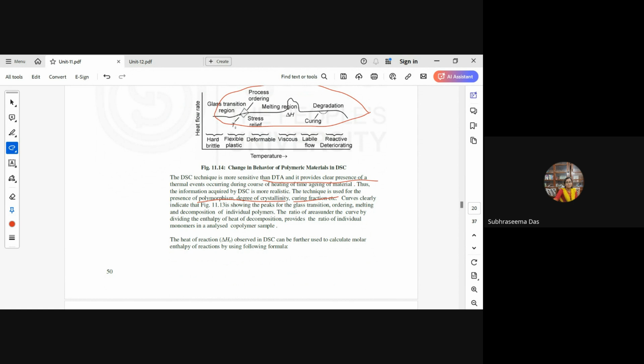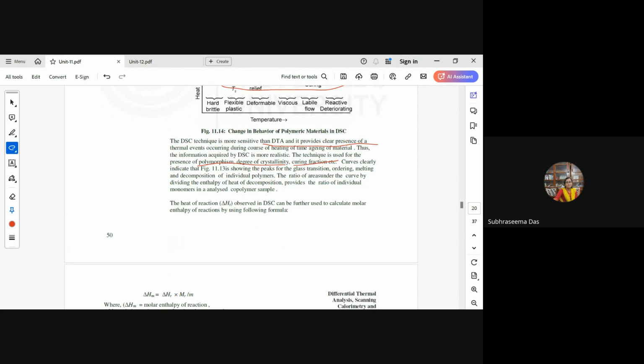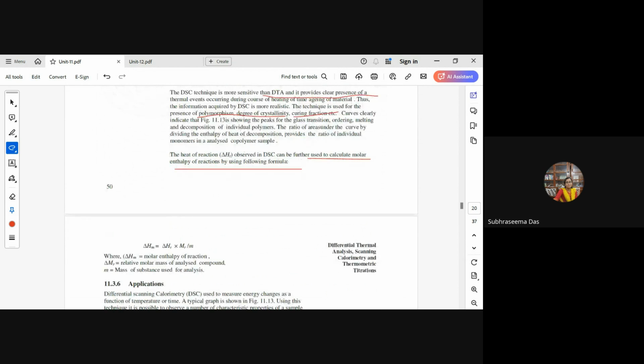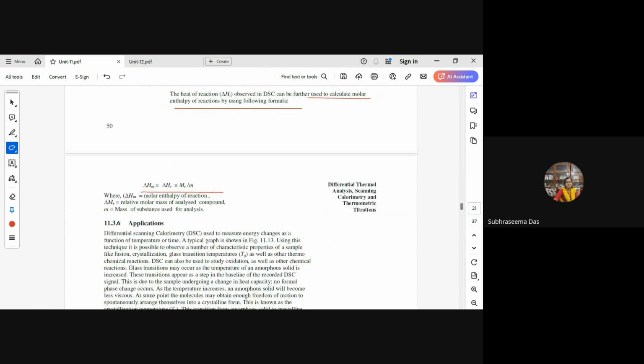So the heat of the reaction, that is delta HR, observed in DSC can further be used to calculate delta HM, that is the molar enthalpy of reaction, by the following formula, which is given as delta HM is equal to delta HR into Mr by m, where delta HM represents the molar enthalpy of the reaction.